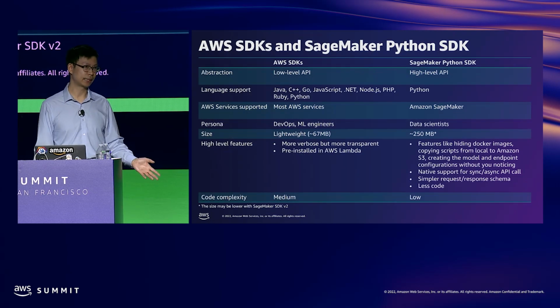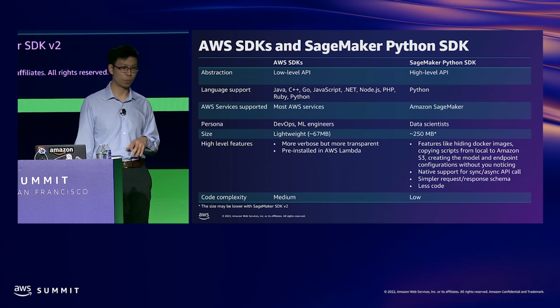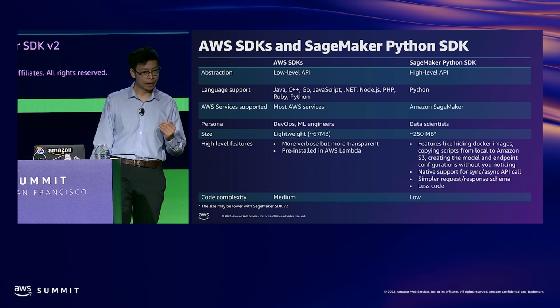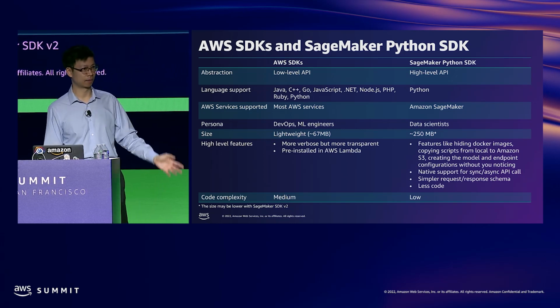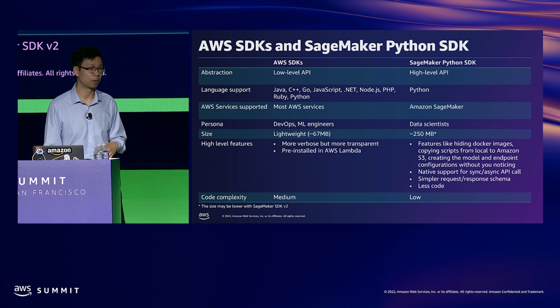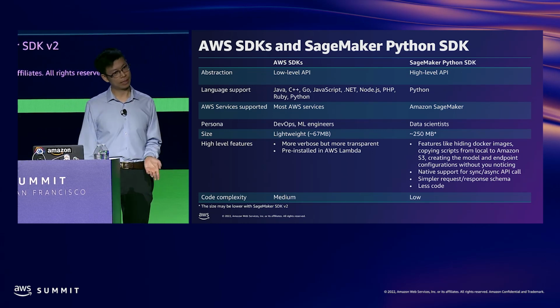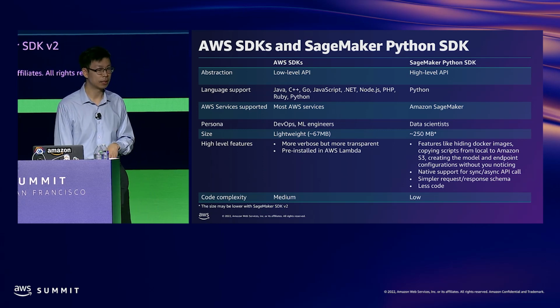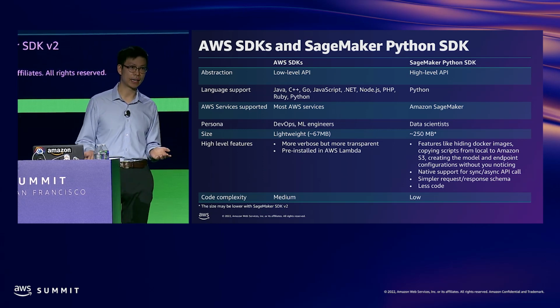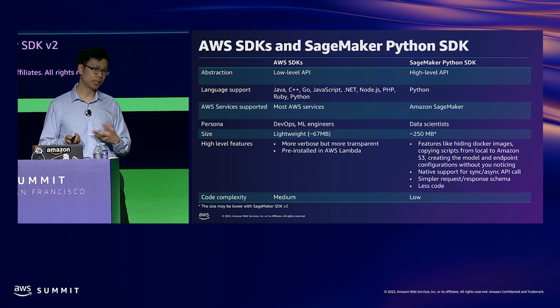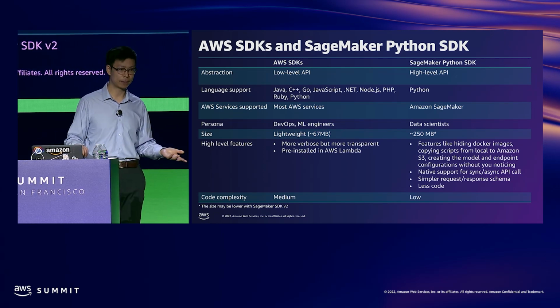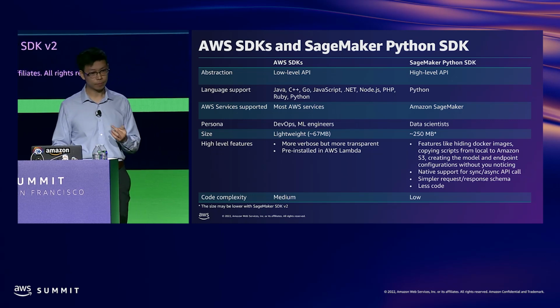So the first is the AWS SDK. This is a set of pretty granular low-level APIs. You can think of them as SDK alternatives to the REST APIs that we offer. It's offered in multiple languages, Java, C++, Python, for example. And this single SDK contains APIs for multiple AWS services. And it's really targeted for any engineer, from DevOps engineers to ML engineers.